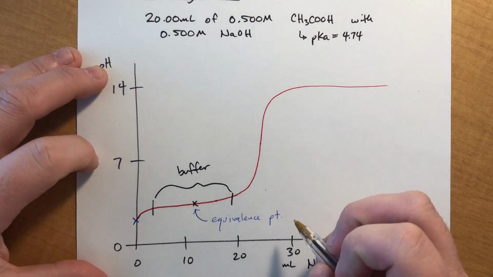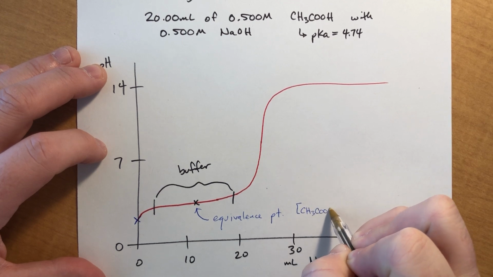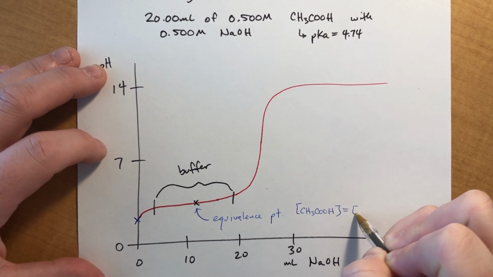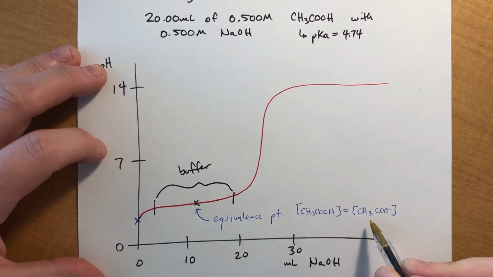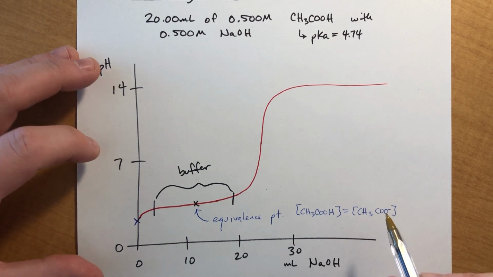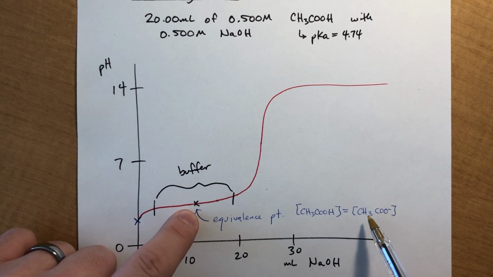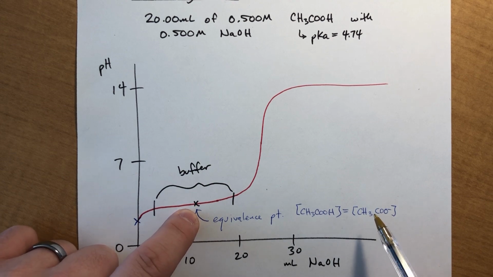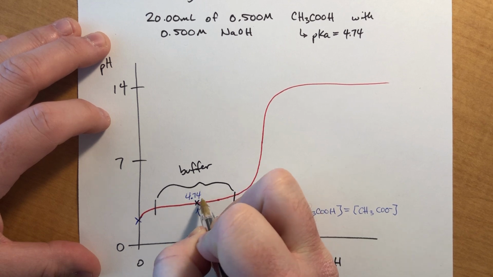So the equivalence point is when the concentration of acetic acid becomes equal to the concentration of CH3COO minus. So it's not the base that you're adding, but it is a base, and the concentration of acid and base are the same. And we said with the Henderson-Hasselbalch equation that if these two things are equal, your pH equals your pKa. So the pKa right here is 4.74, okay?